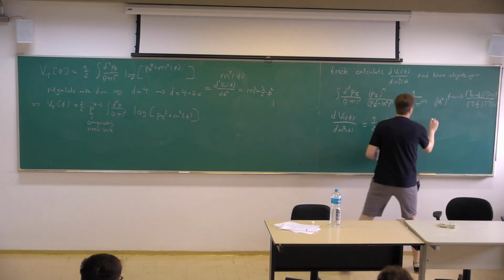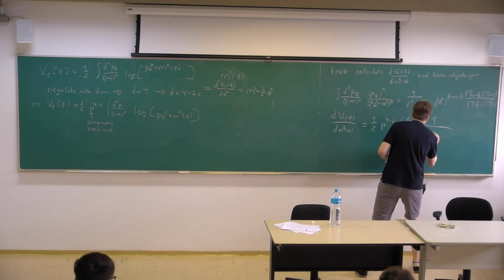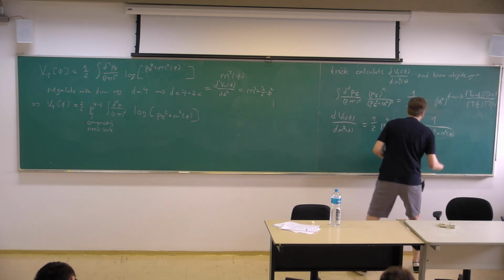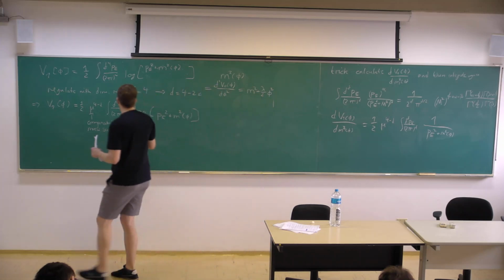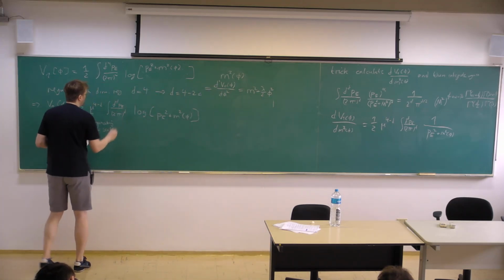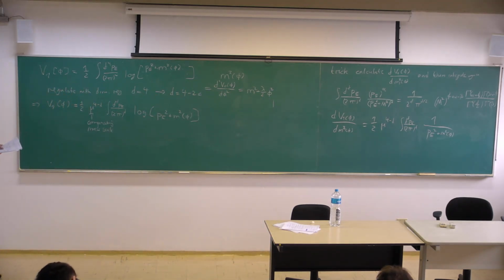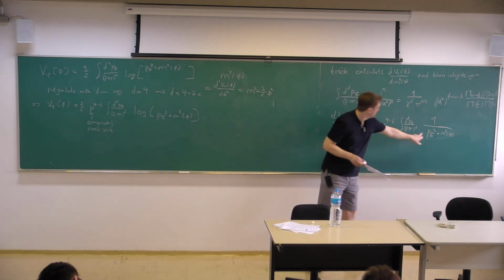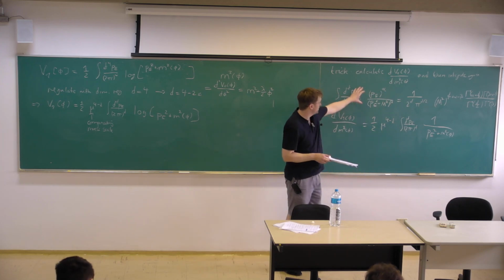And I get a 1 over, I forgot, I labeled subscript E for Euclidean momentum. Okay, so I take the derivative, that's what I get. And now I can just apply this formula.